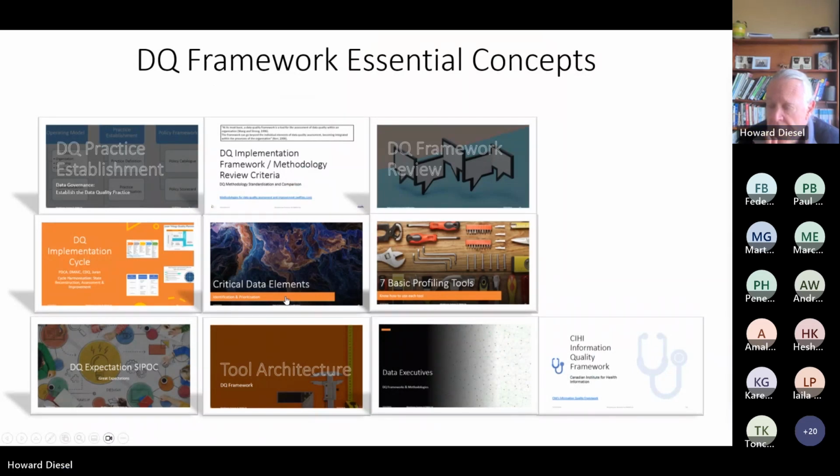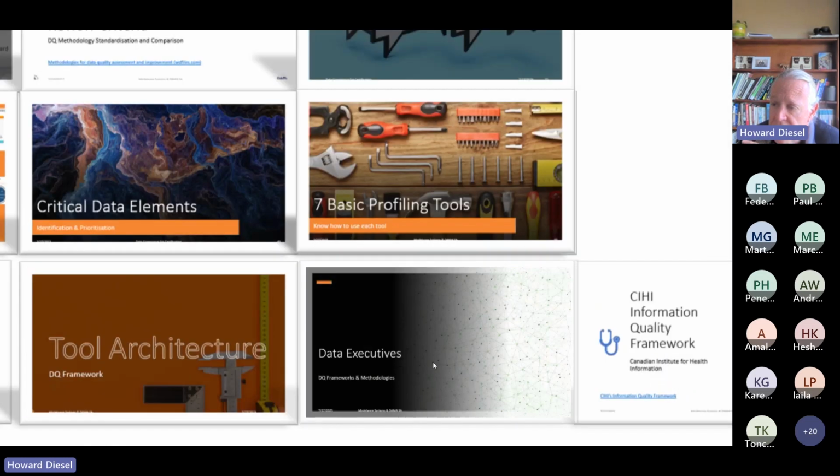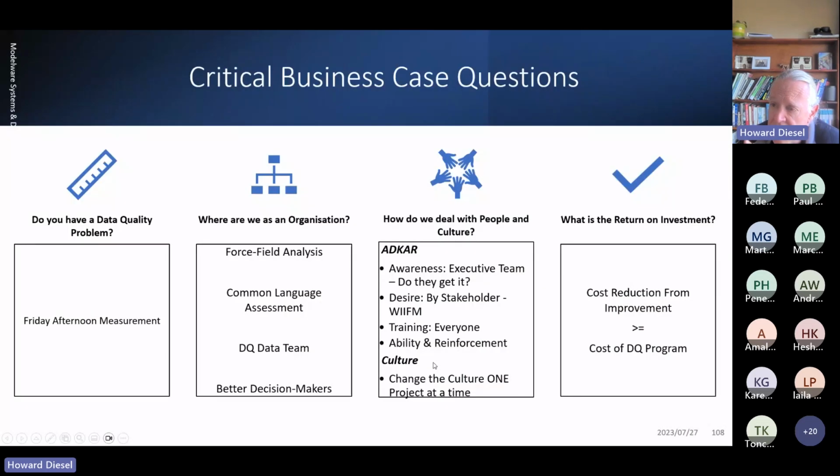Any questions on building that business use case, or the business case? Let's just go through that again. We want to understand the size of our data quality problem, the root cause, the level of ignorance, the cost, the force field analysis, language, the data quality team.